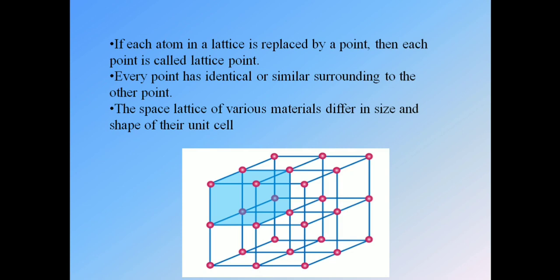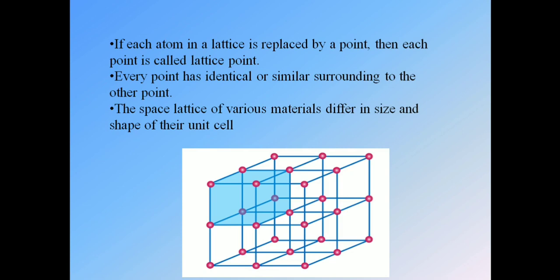The spheres are equally and systematically placed so that every sphere has a similar, identical surrounding. Then the space lattice of various materials differs in the size and shape of the unit cell. We can find different shapes and sizes of unit cells.